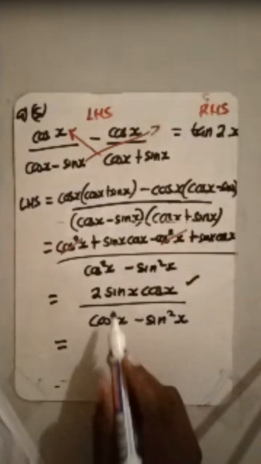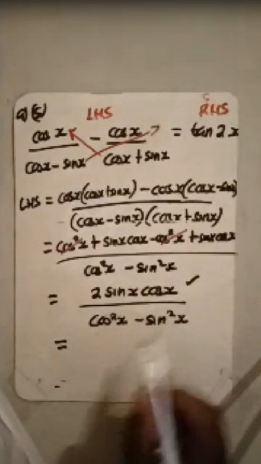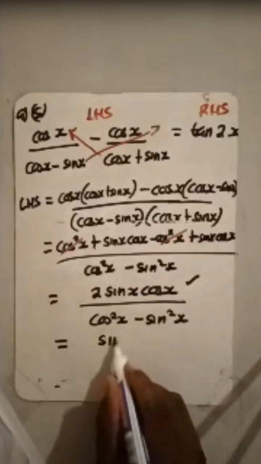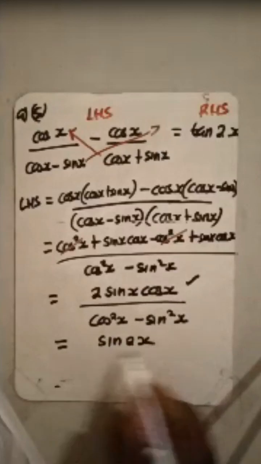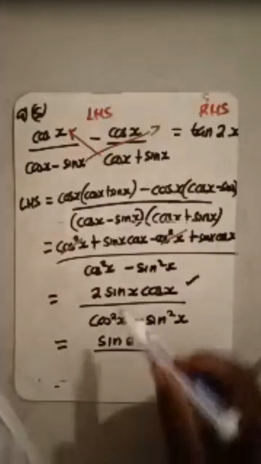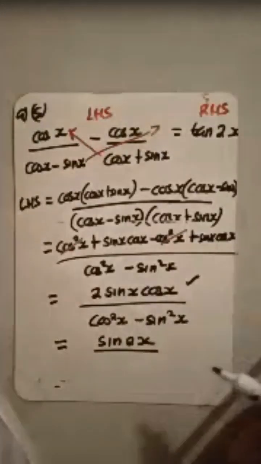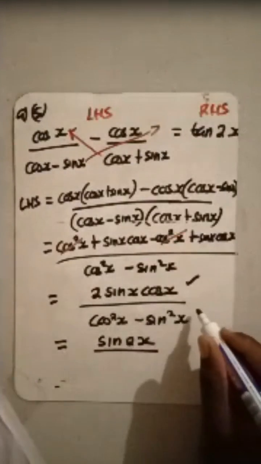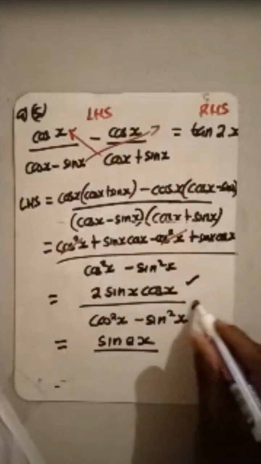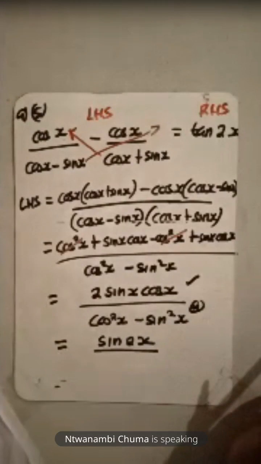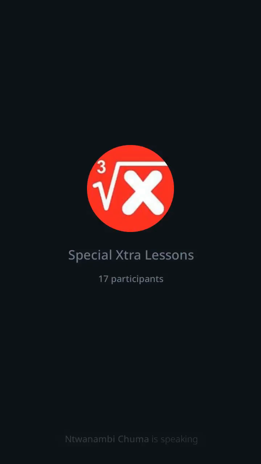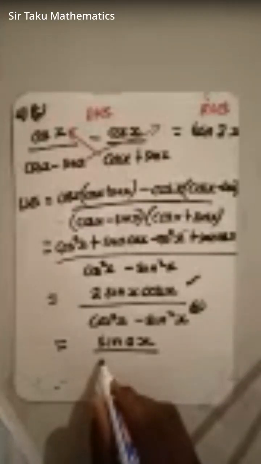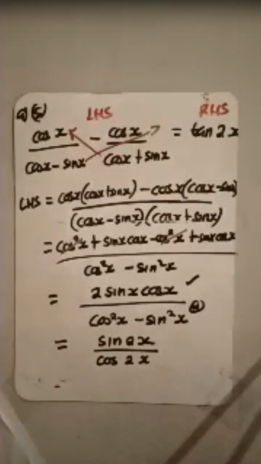Yes. 2 sine x cos x is the same as sine 2x. Over, how about cos squared x minus sine squared x? Where do we get it from? Remember, there's no plus there, there's minus. Where do we get this one? From the double angle of cos. Of course, that is the same as cos 2x.